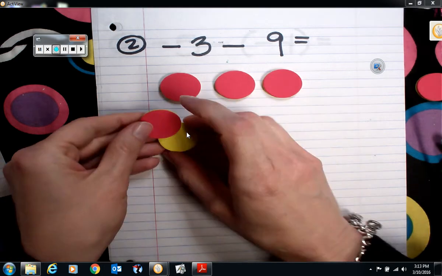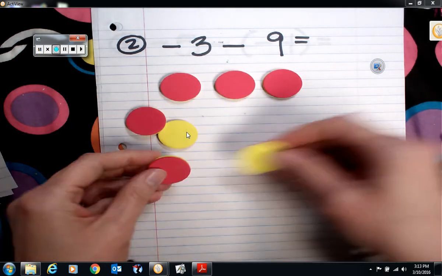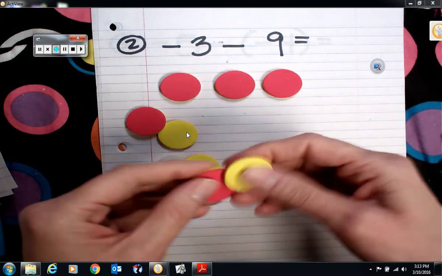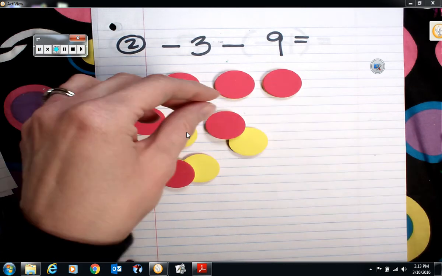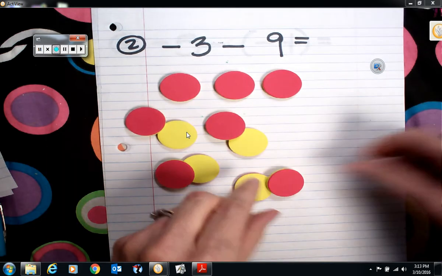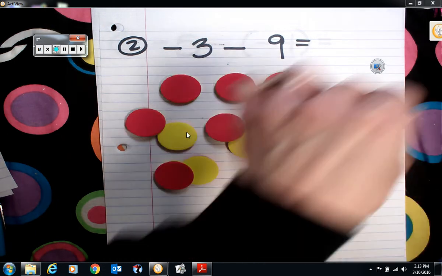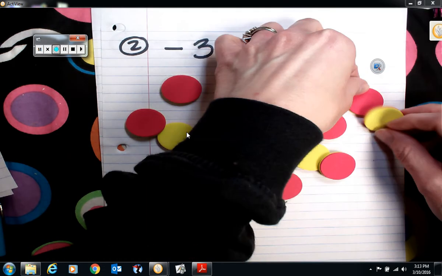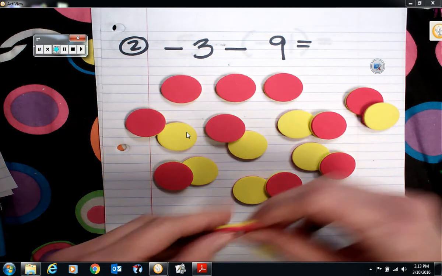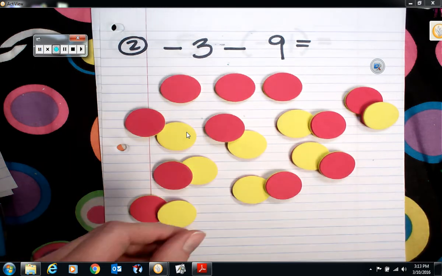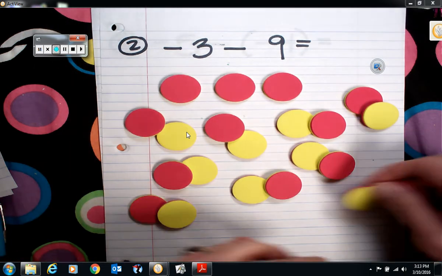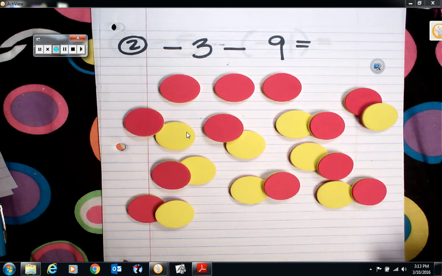So I have to actually add 9 zero pairs. 2, 3, 4, 5, 6, 7, 8, oh my goodness, one more, 9. And now I have 9 yellows that I can take away.